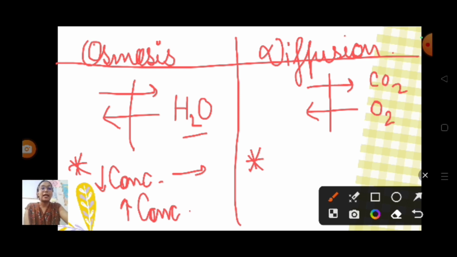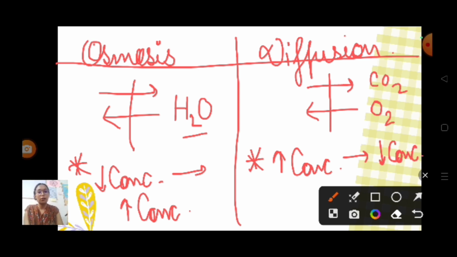And the next point for diffusion will be the opposite of osmosis, that is from higher concentration to lower concentration. This concentration is talking about the solute concentration. So you have to keep this in mind for this chapter.